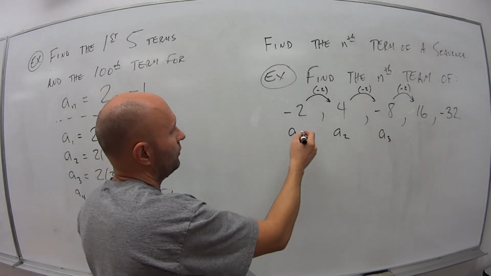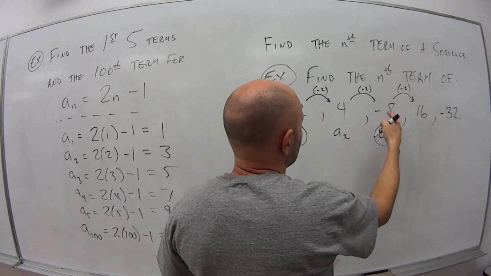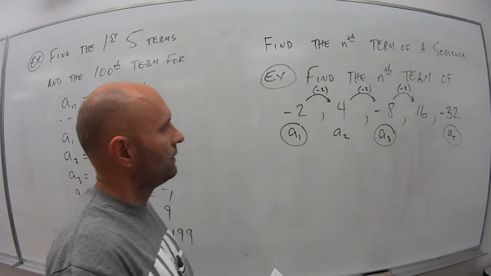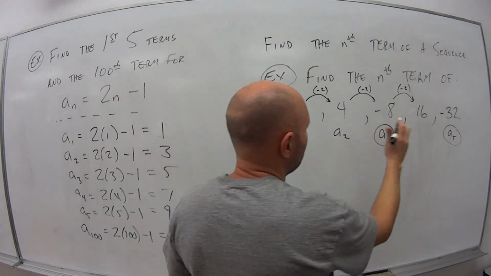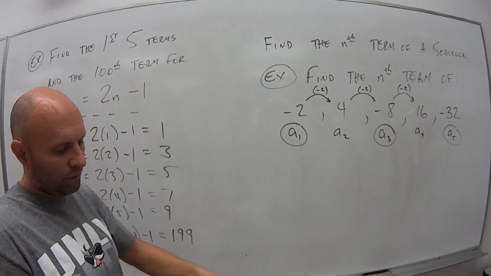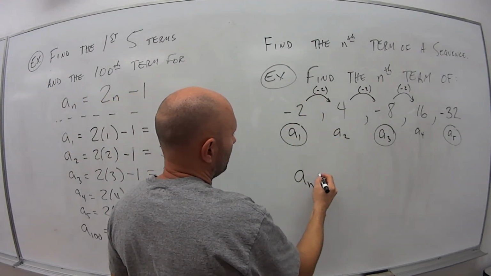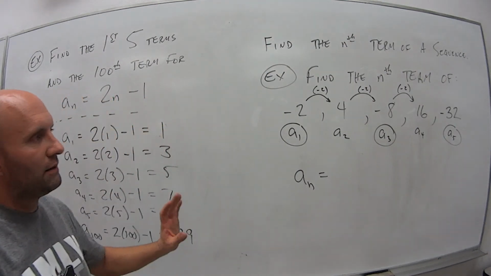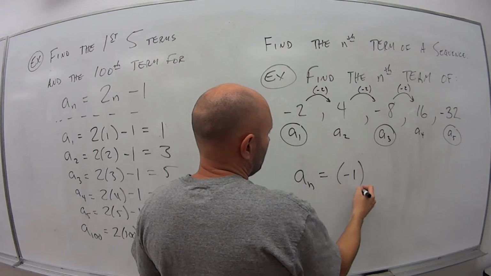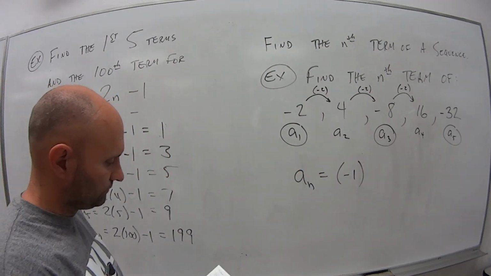So let's look at this too. Our A1 is negative. A3 is negative. A5 is negative. And then our even terms, A2, A4, those are positive. So we have to account for that as well. So once we take all this into effect, the formula that we can generate to get this sequence would be as follows. -1, because I'm going to be switching from positive to negative.